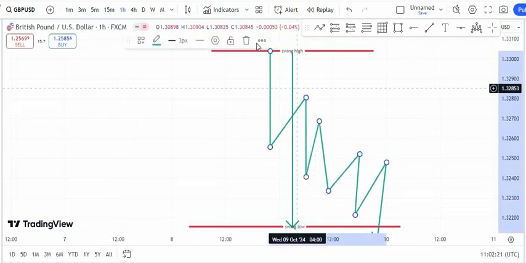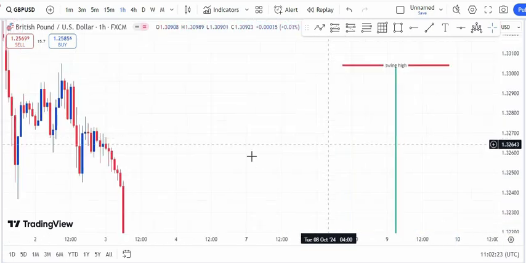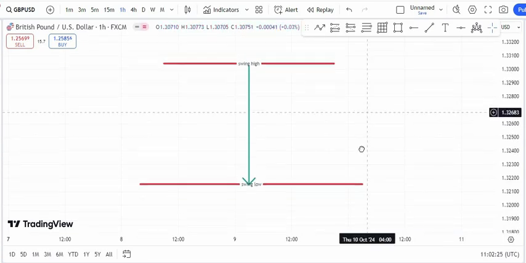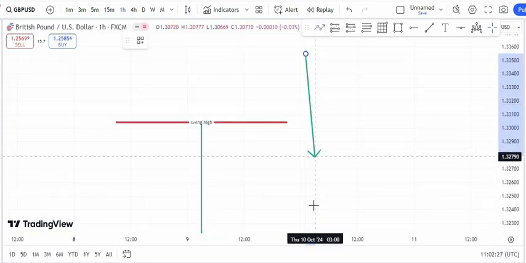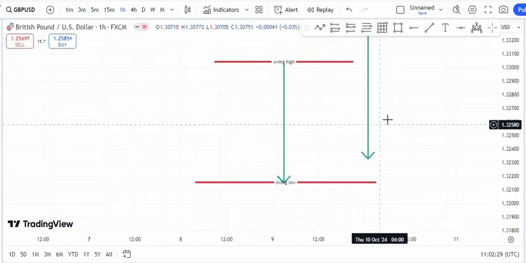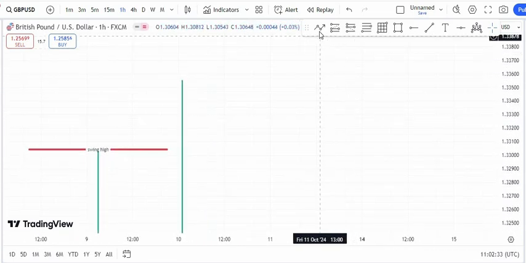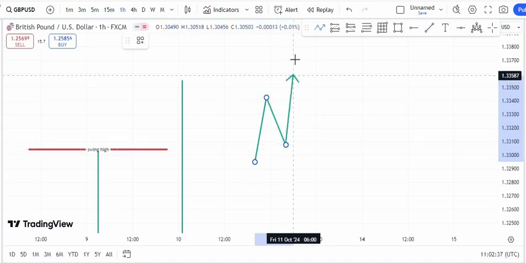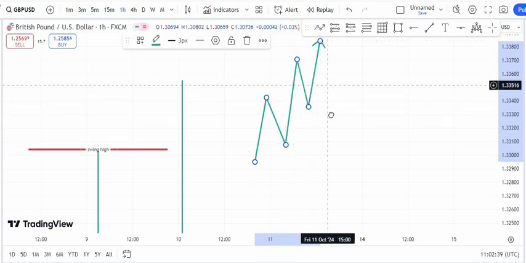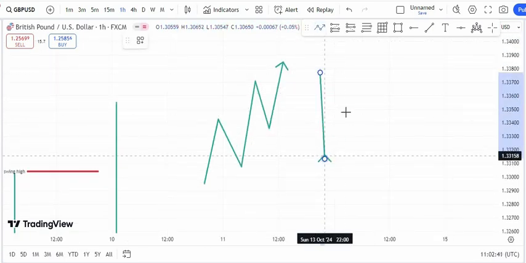Now, for you to understand where the swing high and swing low are, there must be a valid break of structure. That means this movement is breaking a structure. As you all know, break of structure means the market is breaking the previous obstacle and going to the upside or moving to the downside.